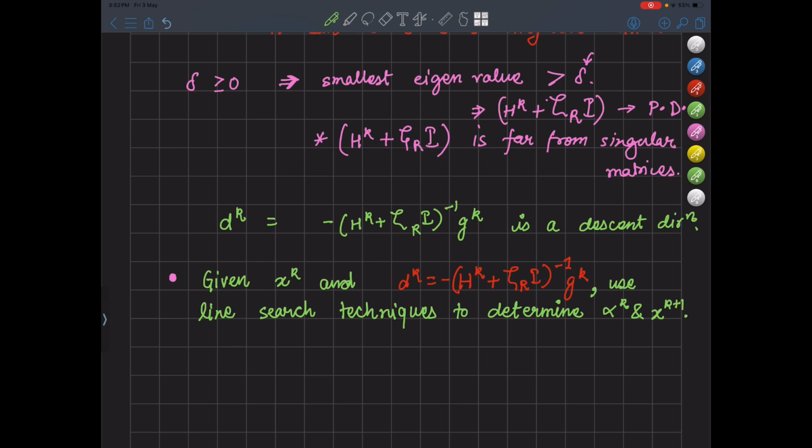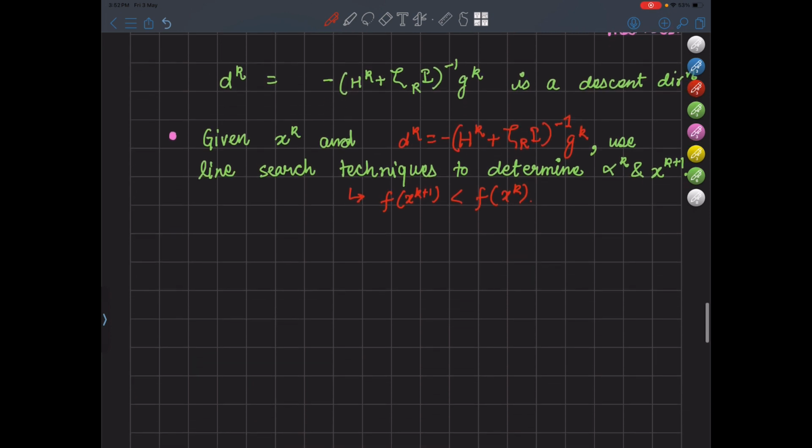In the classical Newton method alpha k is always 1, but that does not guarantee that fk plus 1 is smaller than fk, right? But because we are doing line search, now we are guaranteeing this is true. So these three problems are solved by this modified Newton algorithm.